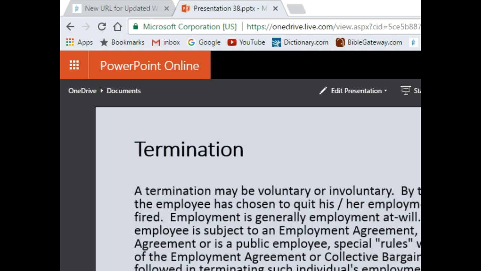If, however, the employee is subject to an employment agreement, a collective bargaining agreement, or is a public employee, there might be some special rules which apply. The provisions of the employment agreement or collective bargaining agreement must be followed in terminating such individual's employment, because if not, there could be a breach of contract claim.